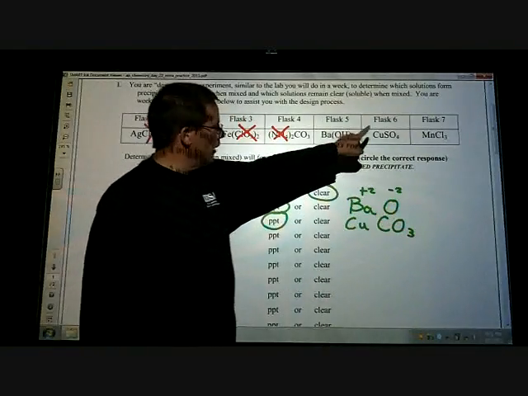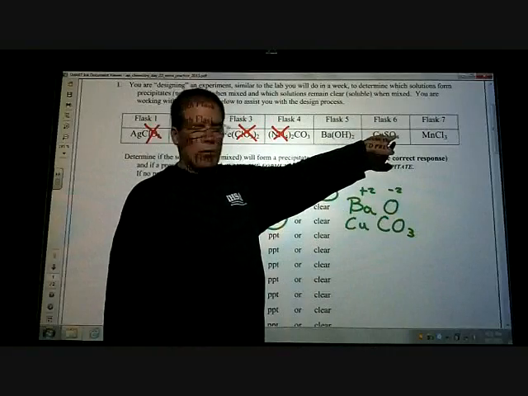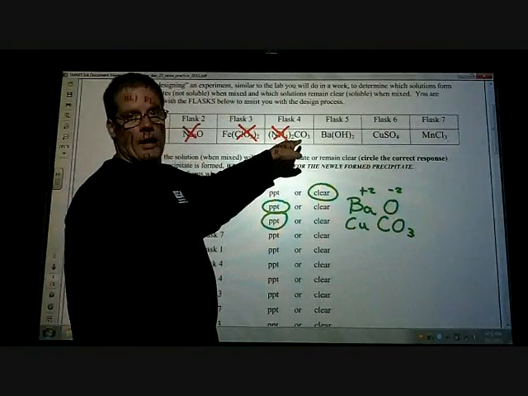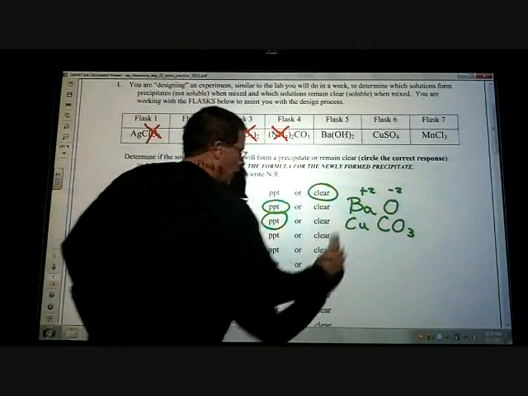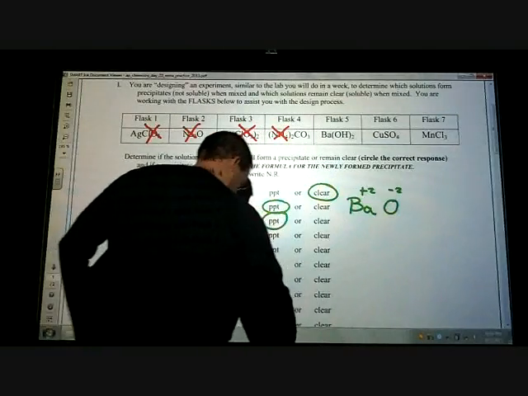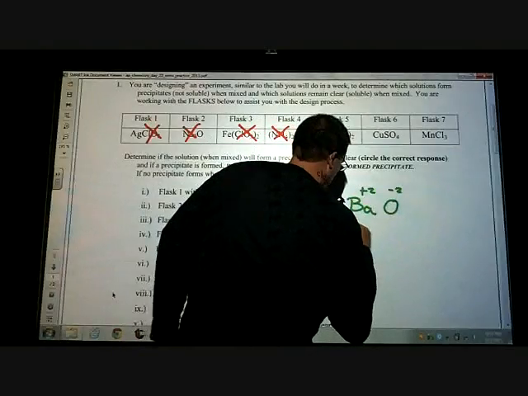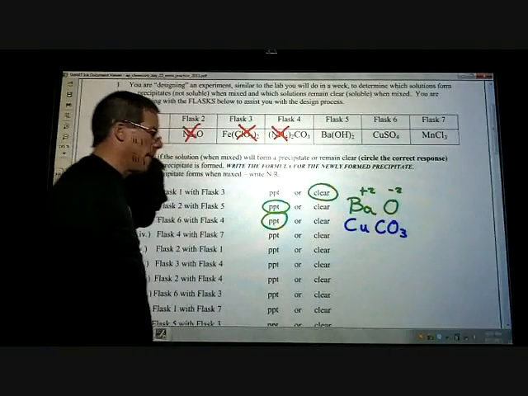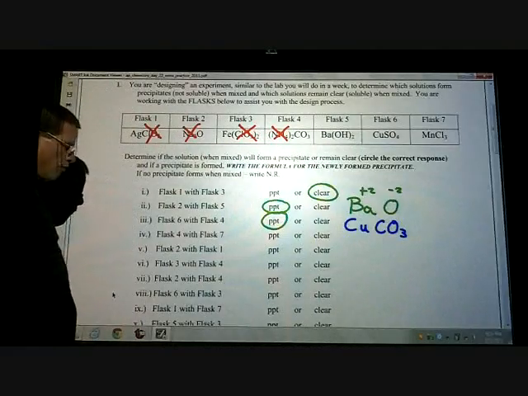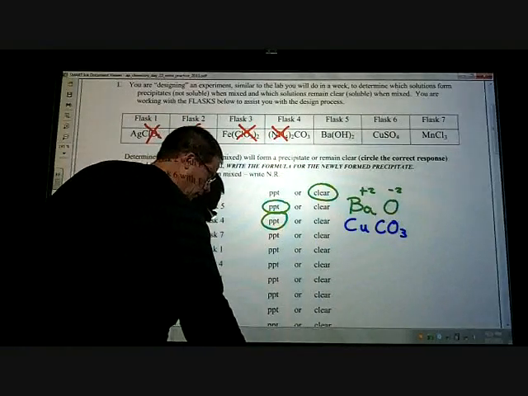And since the copper has a +2 charge because the carbonate has a -2 charge, that's balanced as written. Actually, let me change that color just to mix it up a little bit. So here we have copper carbonate.